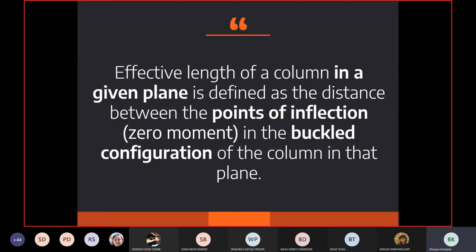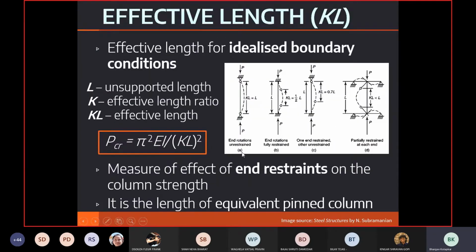Now, this might sound very difficult, but actually it's very easy. So, just imagine a pin-ended column. Just look at diagram A here. Now, this is a pin-ended column, meaning that both the ends are simply supported. When we apply axial compression, at some point of time, this is going to buckle. And the buckle shape is going to be more or less what you see as a dashed line.